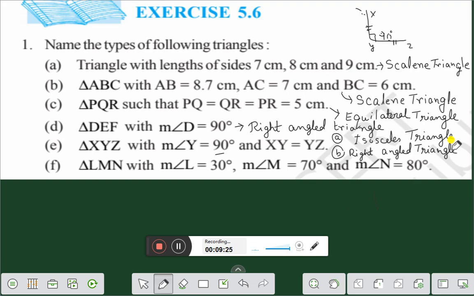Now question number F. Triangle LMN with angle L equal to 30 degree, angle M equal to 70 degree, and angle N equal to 80 degree. Right.